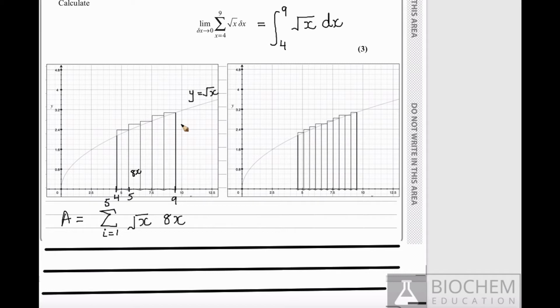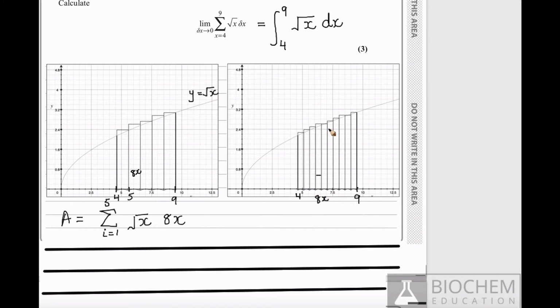And this is the case on the right hand side, where I have divided the area under the curve between the x values of 4 and 9 into 10 rectangles. Each rectangle has a width of delta x, and the height of each rectangle can be found by inputting the x value into the function.